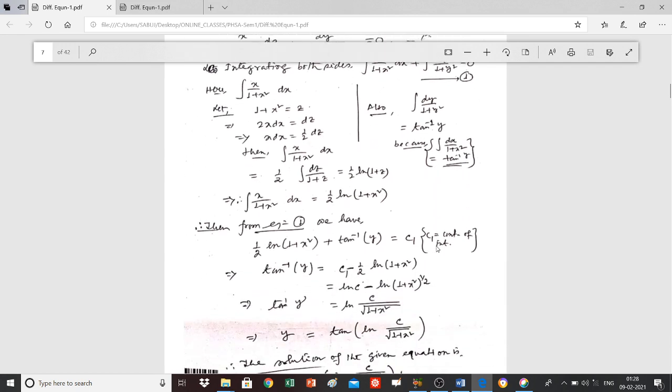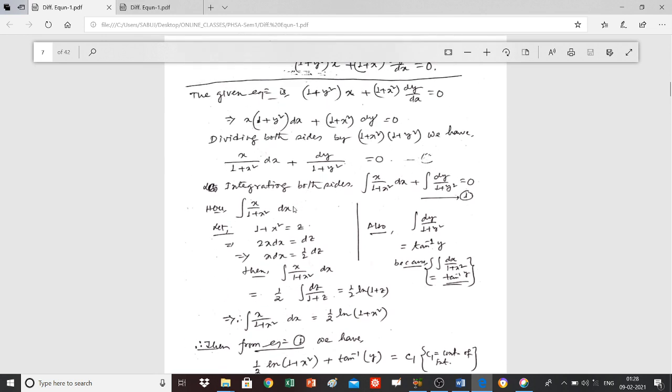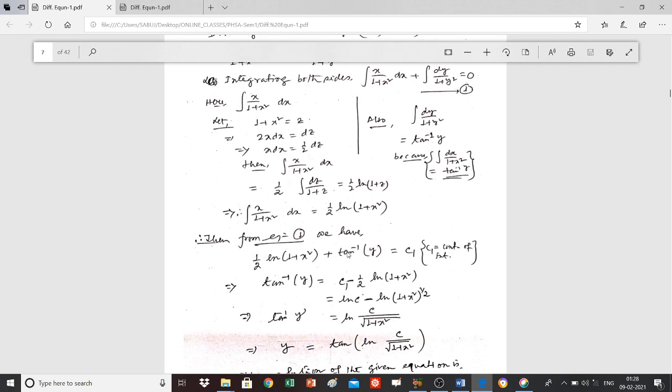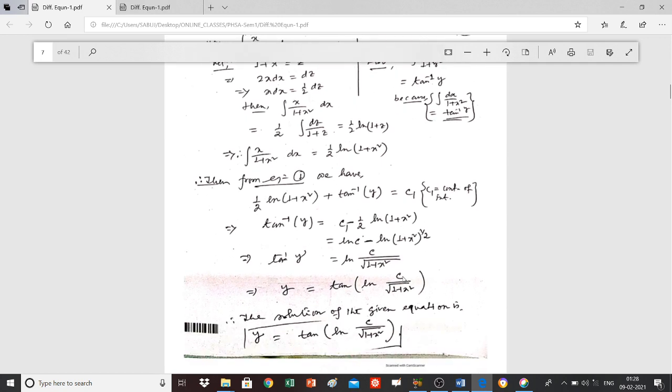So writing these two terms, from this equation, equation number 1, you can write half log 1 plus x square plus tan inverse y is equal to c1, a constant of integration. Or tan inverse y is equal to c1 minus half log 1 plus x square, where c1 is the constant, taken as log c here also.